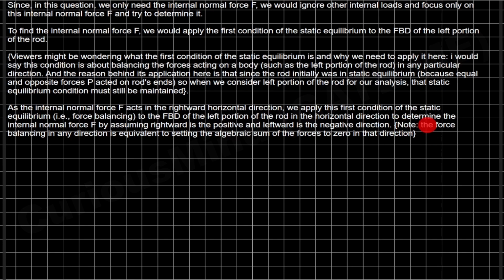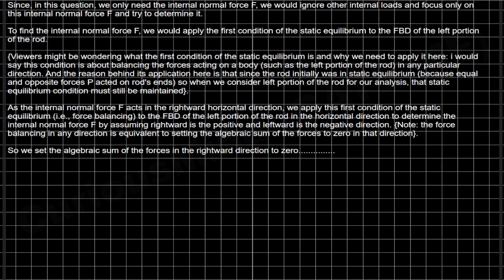Note, the force balancing in any direction is equivalent to setting the algebraic sum of the forces to 0 in that direction. So we set the algebraic sum of the forces in the rightward direction to 0, right?